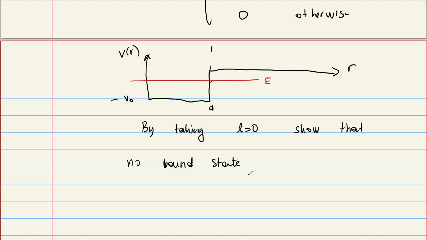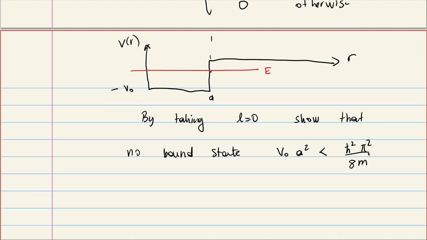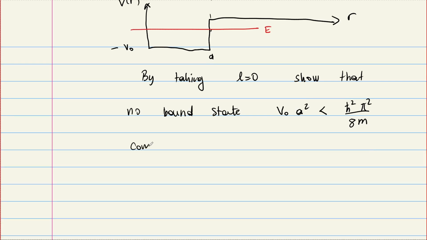If I found the condition here, let me write it. If V0 a squared is less than h bar squared pi squared over 8m, and you need to compare with the 1D finite well. Does anybody remember the result in the 1D finite well? What was the condition for at least one bound state to exist?